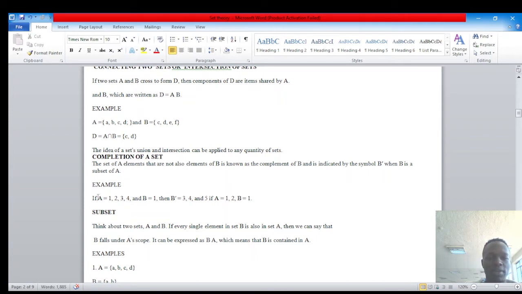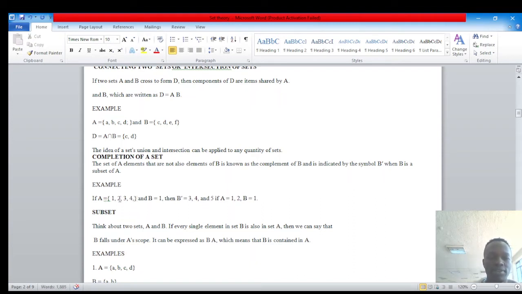Let's look for the complement of B. We said that our set cannot be complete without brackets. So this set A is not complete. We must insert the brackets: opening bracket and closing bracket.